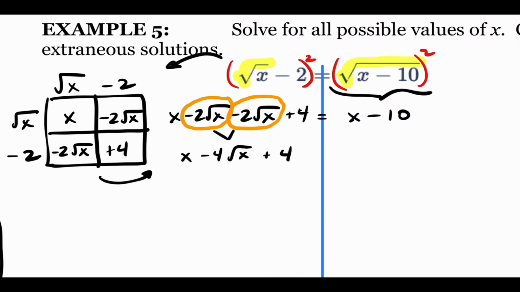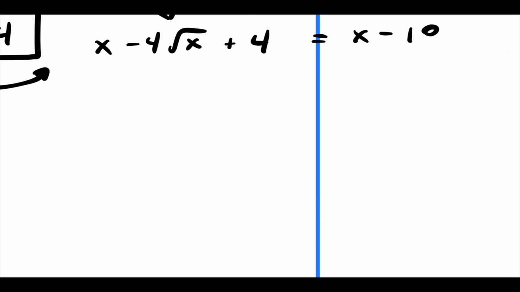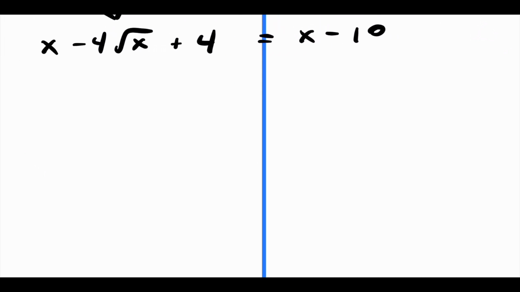Remember, when we're adding or subtracting roots, the stuff on the inside, the radicand, doesn't change. It's just the stuff on the outside. So now, here we go. How many radical signs do I have?